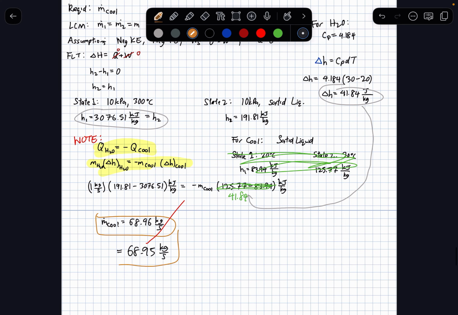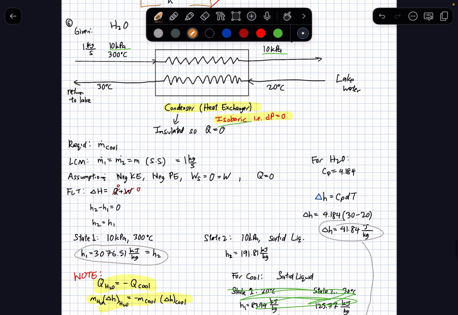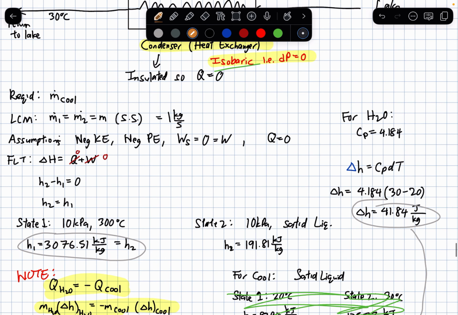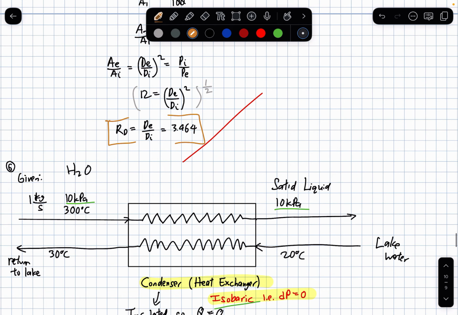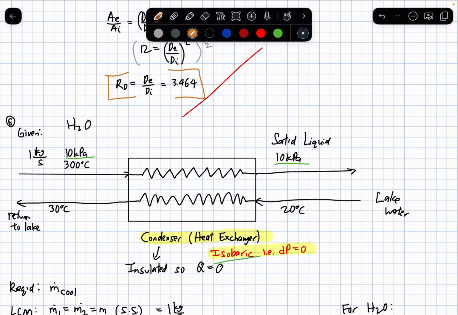Why did I try for an alternative solution? The lake water isn't necessarily saturated liquid.